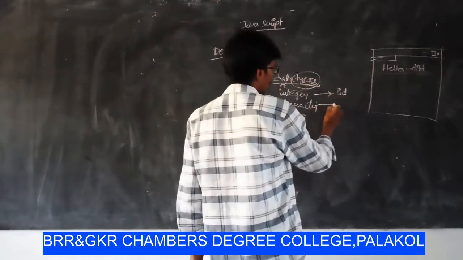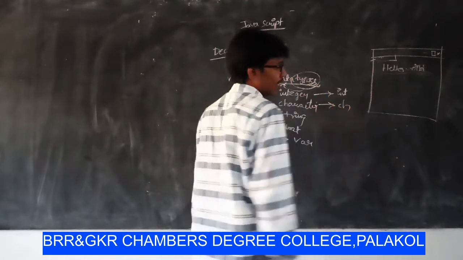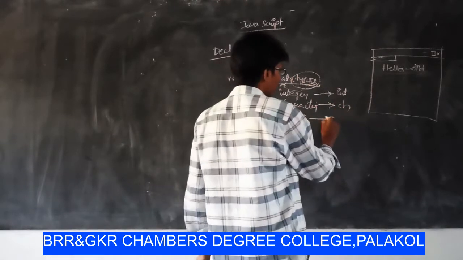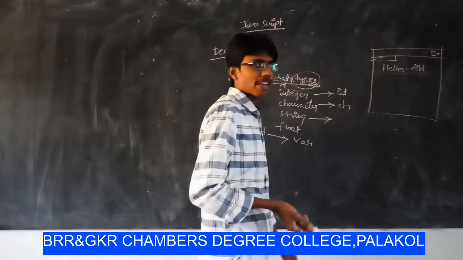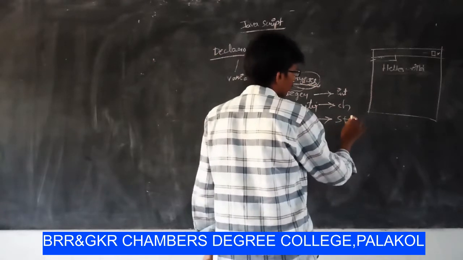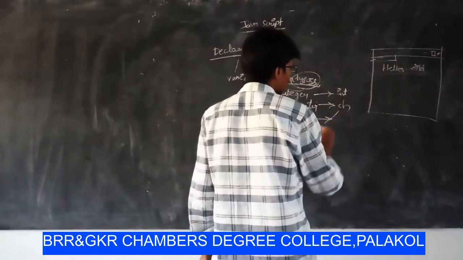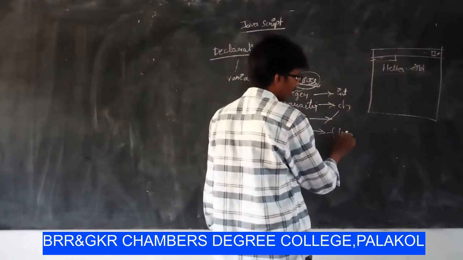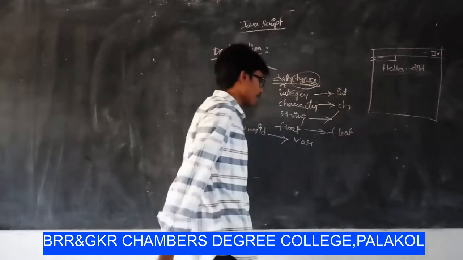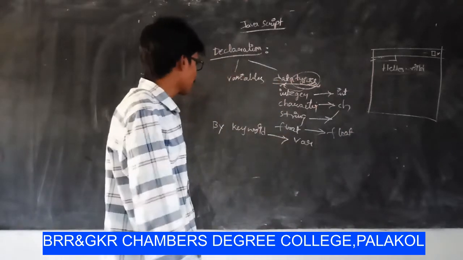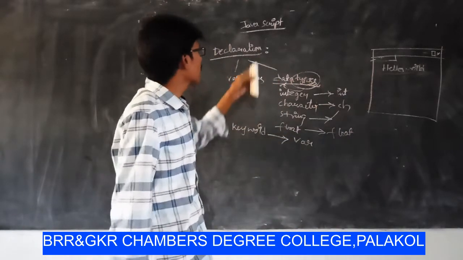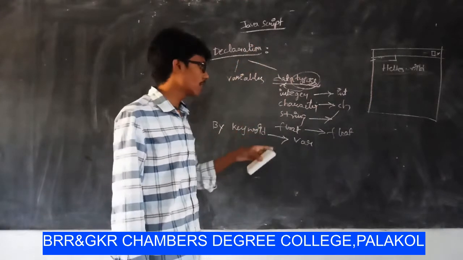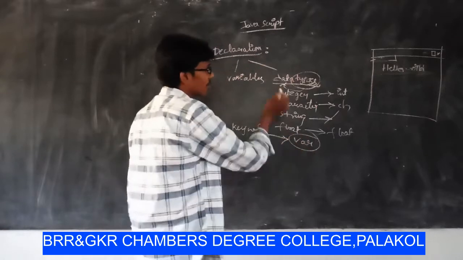If you want the character type, we use the keyword char. If you want a floating type, that is the float keyword. But coming to JavaScript, we can use only one keyword to mention any type of data.